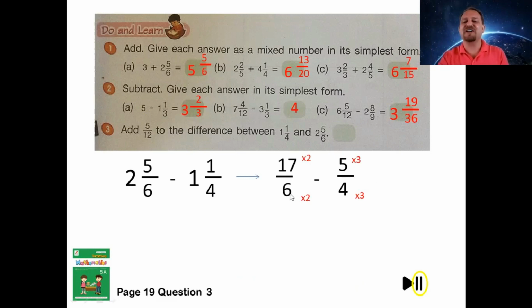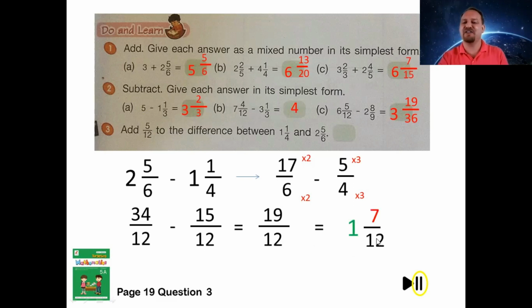We must find the common multiple, which would be 12. Now we have 34 over 12 minus 15 over 12, which equals 19 over 12, which would equal 1 and 7 over 12. Okay, now that's step 1.